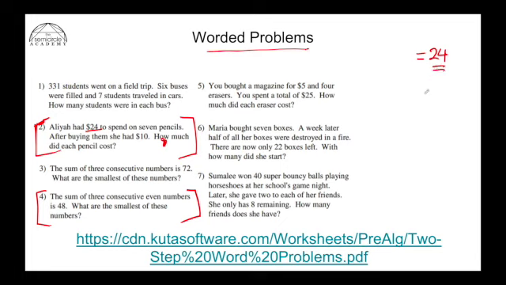That's the total amount of dollars that she had. So what else did she have? To spend on 7 pencils, so 7p, right? Or you could use x or whatever. After buying them, she had $10. So 7 pencils plus $10 is equal to the total of 24. And that is it. And I think everybody could solve for p there, right?